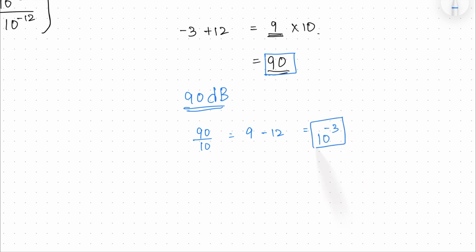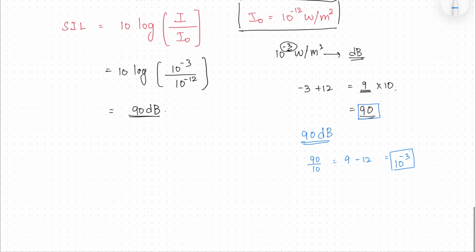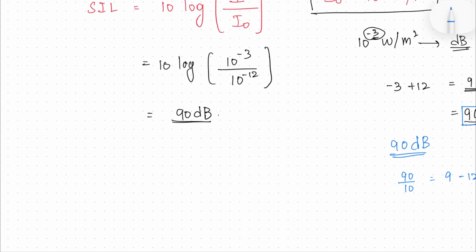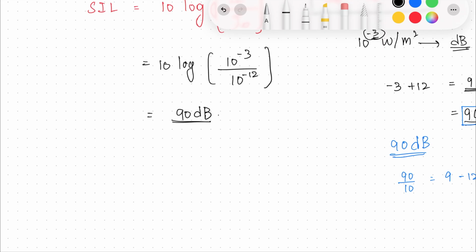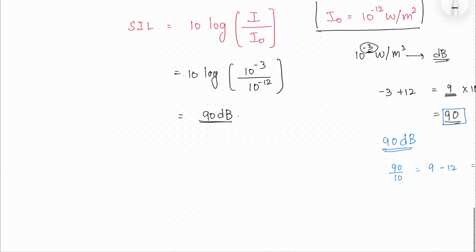So 10 to the power minus 3 watt per square meter is the intensity. This is a trick, and you can put it into a formula if you want.